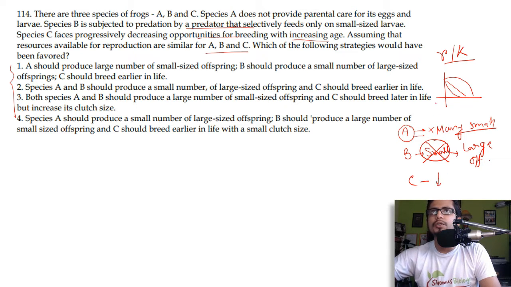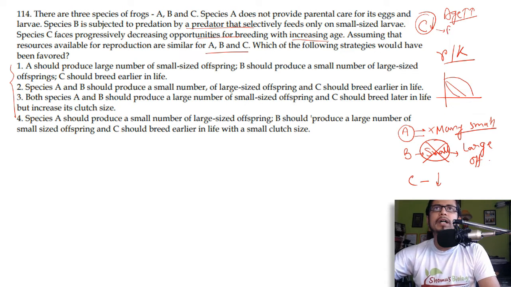So species B should produce large offspring for survival. And species C faces progressively decreasing opportunity with increasing age. So if the age is increasing, the reproductive opportunity for species C is less. In that case, we can tell that species C should reproduce early in its life.